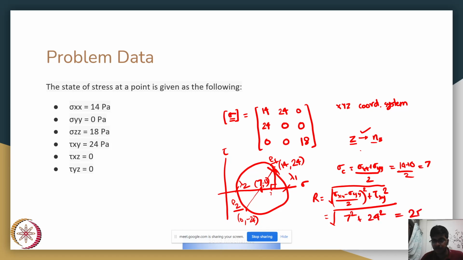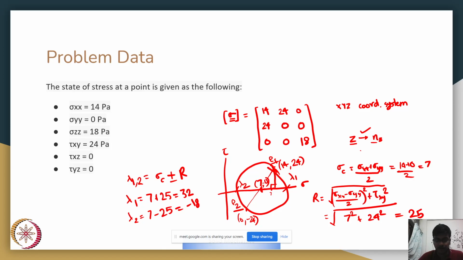This is 25. So this is your R, and you can therefore write lambda 1, 2 as sigma center of the circle plus minus R. Therefore lambda 1 is 7 plus 25, which is 32, and lambda 2 is 7 minus 25, which is minus 18. So we have calculated this much so far.